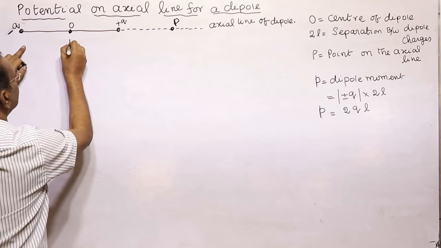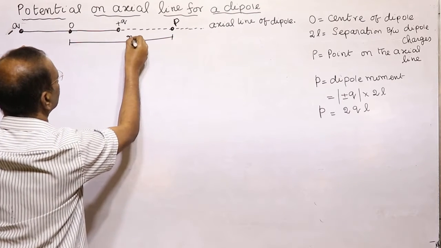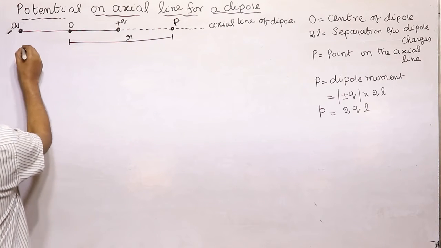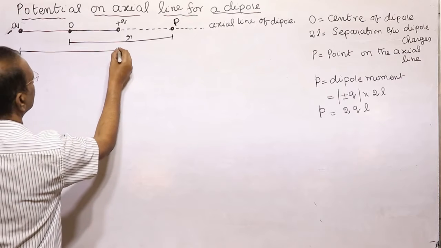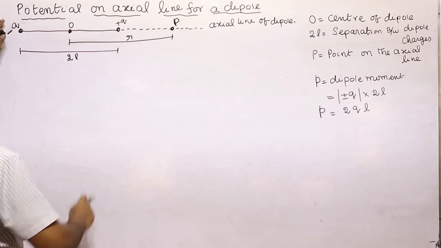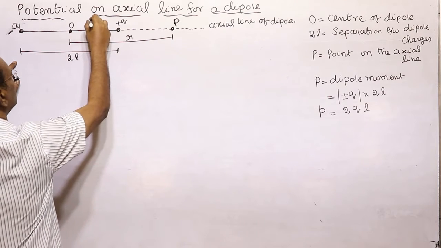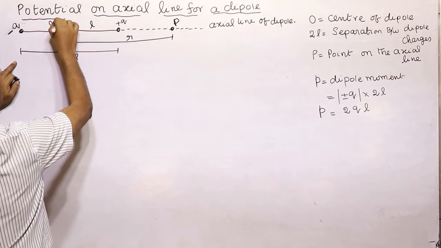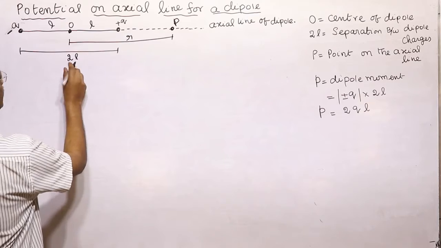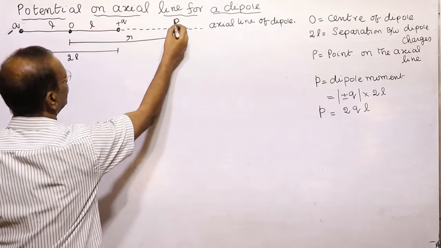So from the center, let us keep point P at a distance r from the center, and the separation between the plus charge and the minus charge of the dipole is 2L. It means this is 2L, this will be L, and this will be L. Now, how far is this charge located from the point P?